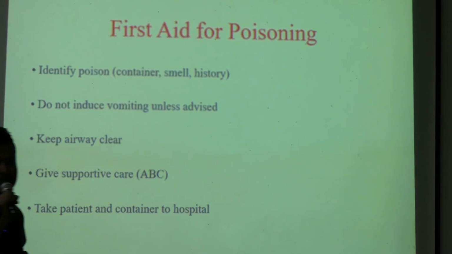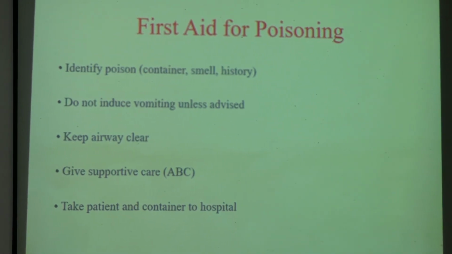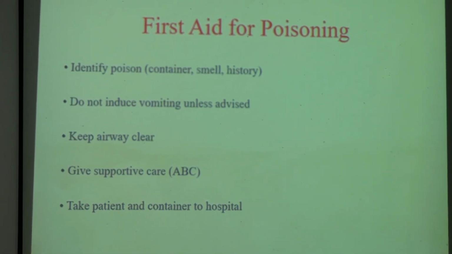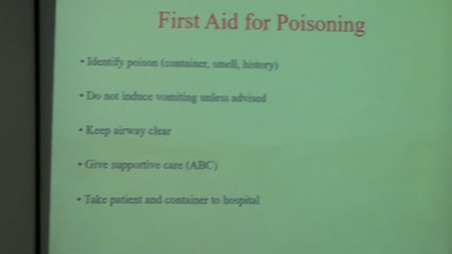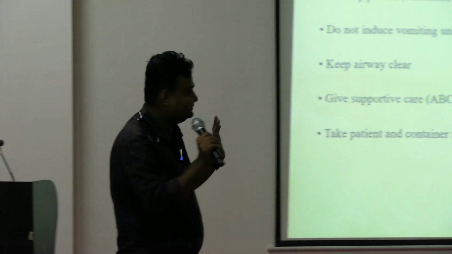Next is first aid for poisoning. Poisoning can be suicidal, accidental, or homicidal also. So the first step is you have to identify the poison, like the container, smell, and history you have to take.